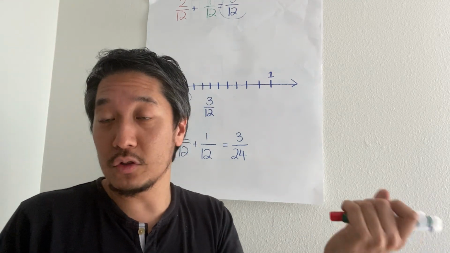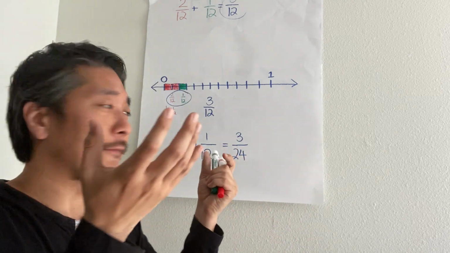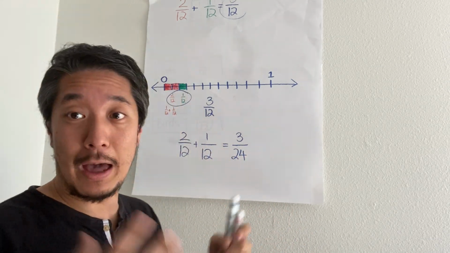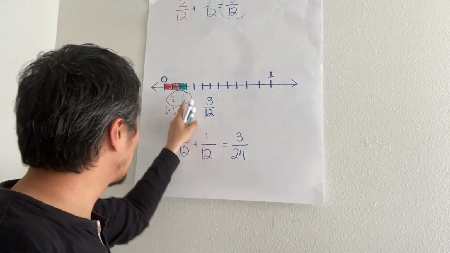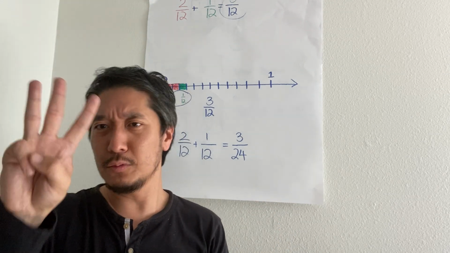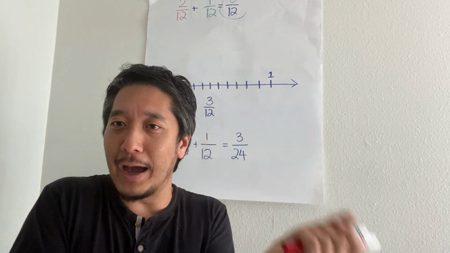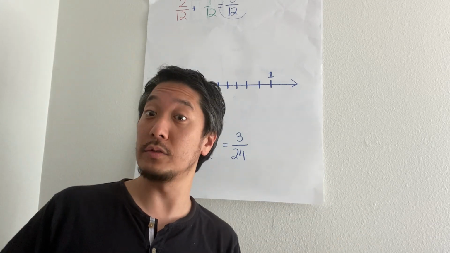Eggs come in a dozen, 12 of 12. So if you have a carton that has just 2 eggs and you have another carton that has 1 egg, how many total eggs do you have? You still have 3, but are they divided the same? Does each carton have 12? The answer is yes, they do.